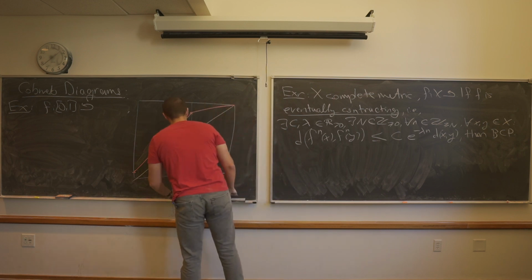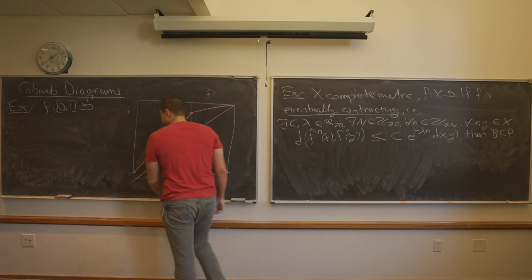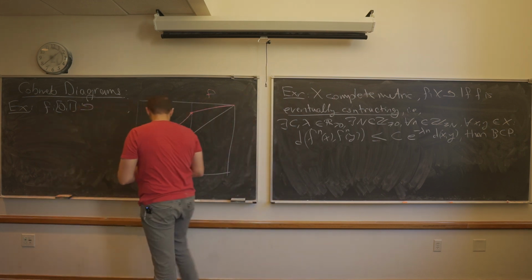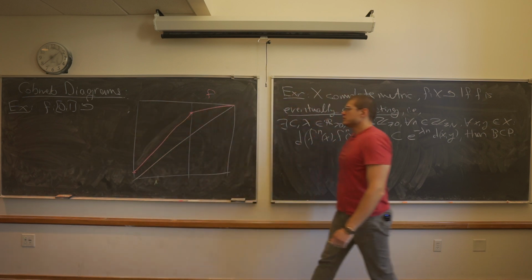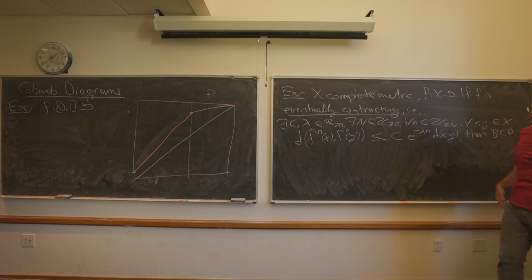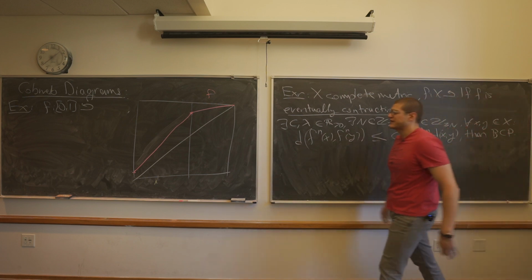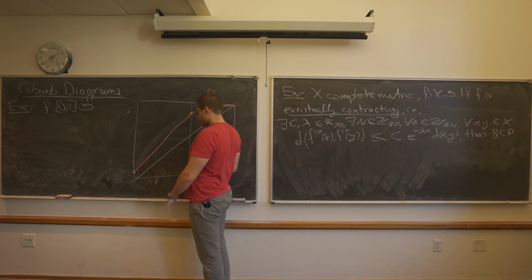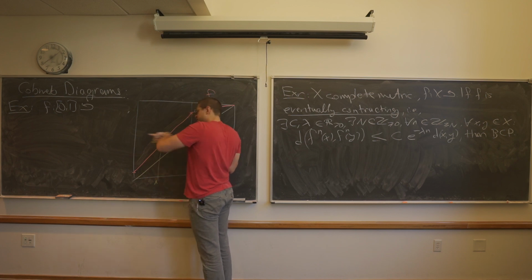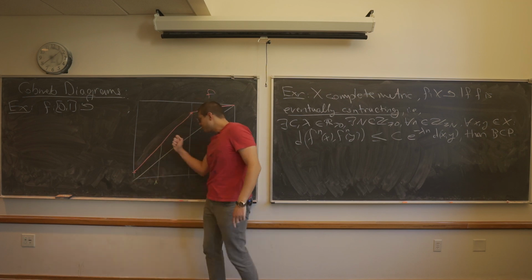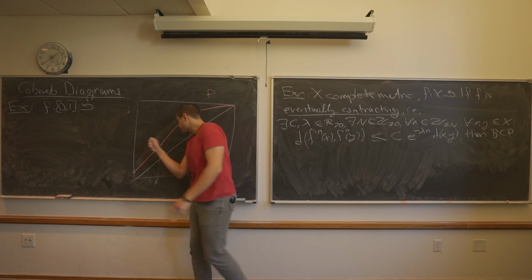So you start with an initial condition, x. Let's say you started here. You want to understand its iterates, how they act. Of course, I can figure out what f of x is by doing the following. I can just draw a vertical line starting at x all the way until I hit the graph. Boom. Okay? And if I were to direct this beam this way, I get f of x.